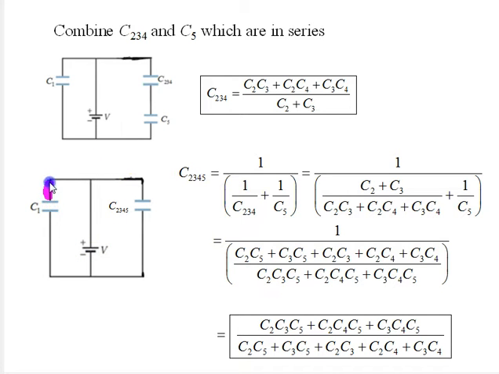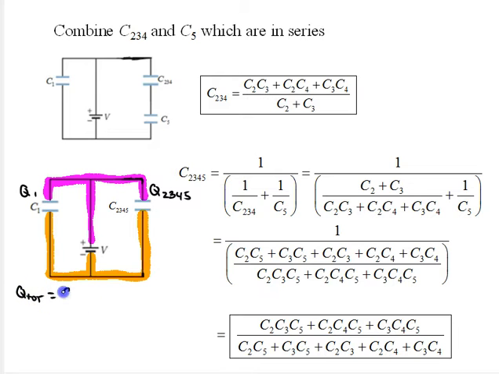The definition of things being in parallel means they share the same equal potential surfaces. If they share the same equal potential surfaces, that means they have the same voltage across them. So we can find the charge on capacitor 2345, we'll call it Q2345, and the charge on capacitor 1, and our total charge will be equal to the sum of the charges on both the plates.